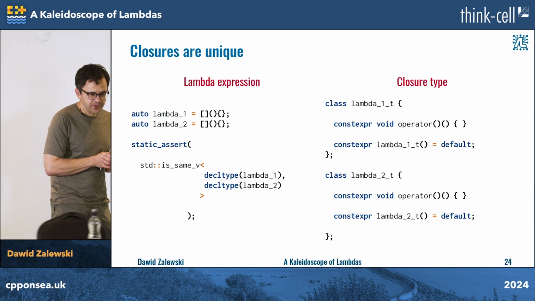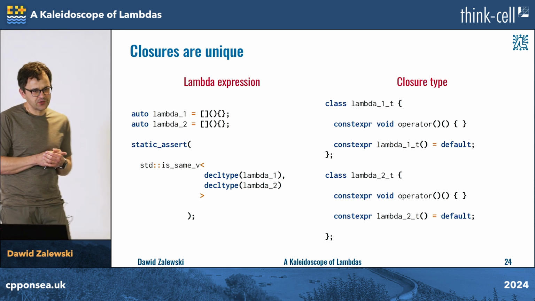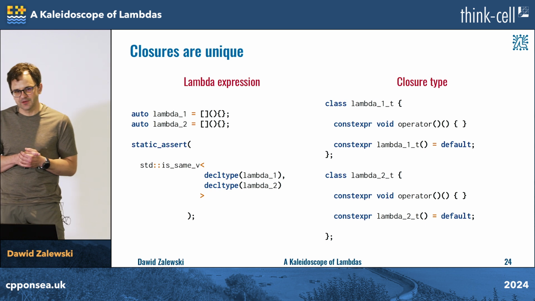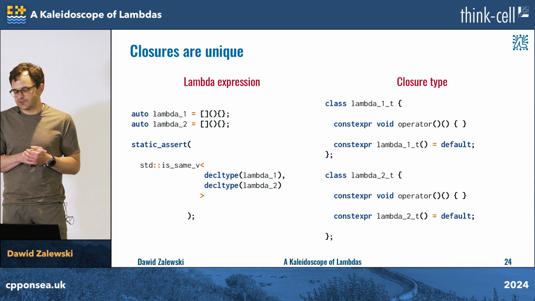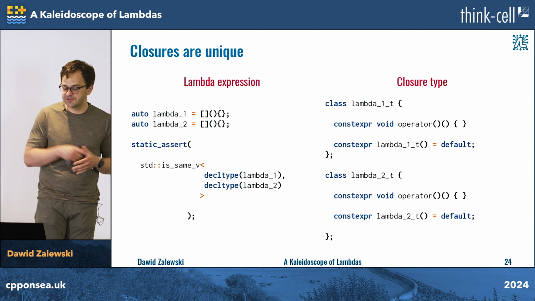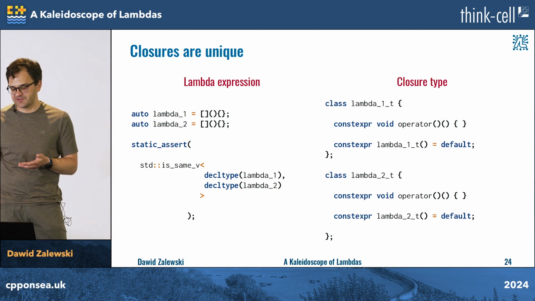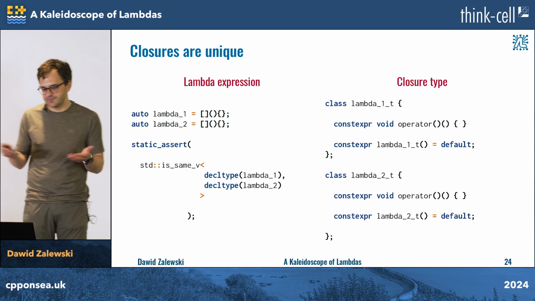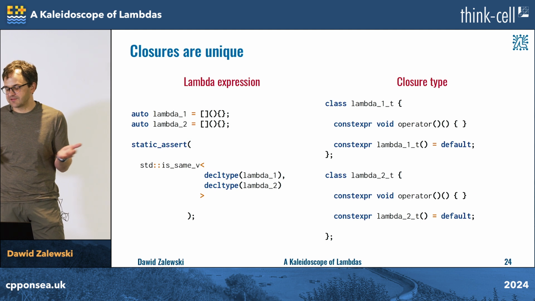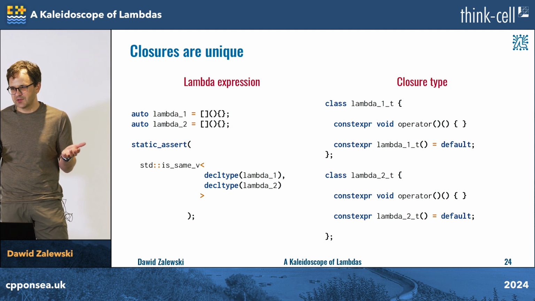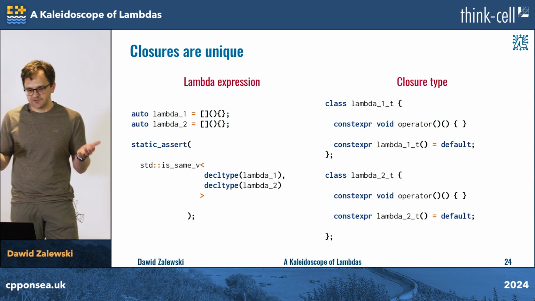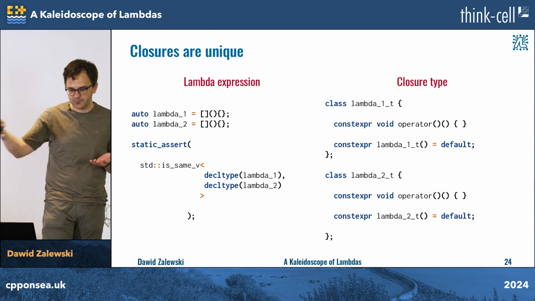So the question was whether, if you have a lambda within a function and you call this function multiple times, you have a different lambda every time, or is it the same type? And the answer is it's always the same type, because that doesn't happen at runtime. A function gets generated at compile time, so the same type is generated.